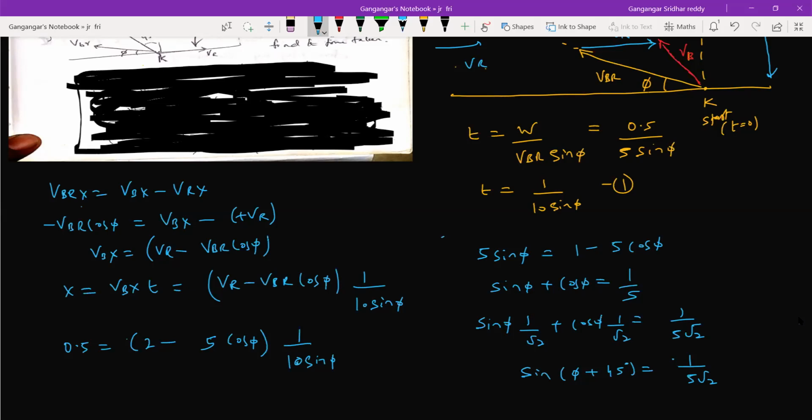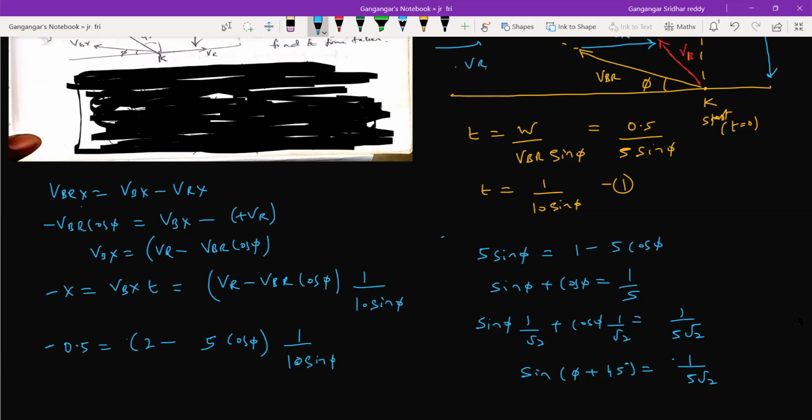Okay, here the value of x, no? We'll substitute all the things with sign. VR will be there, VBR. Already I substituted sign here, no? This should be negative. Negative will come.